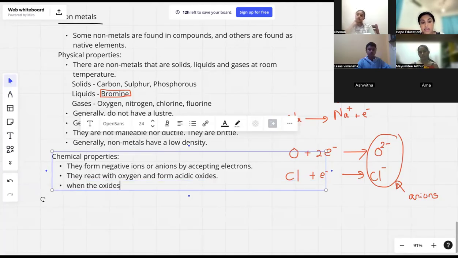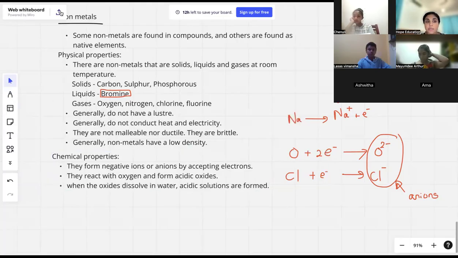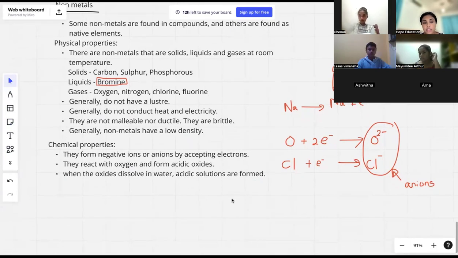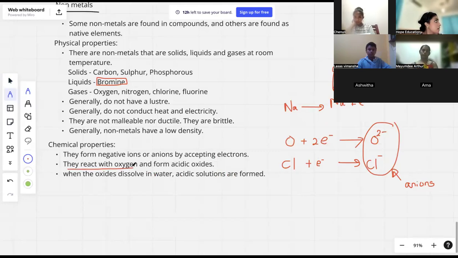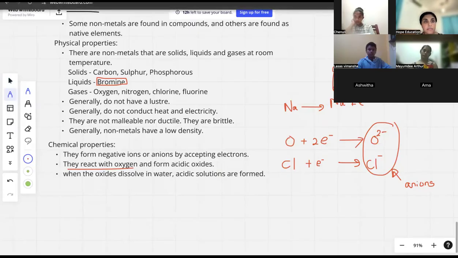When the oxides dissolve in water, acidic solutions are formed. What this means is that I told you earlier about acids, right? So generally, if you take a non-metal, let's take carbon. They react with oxygen. They react with, give me 1 second.